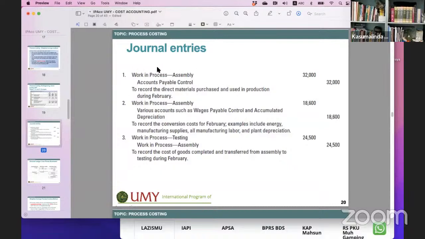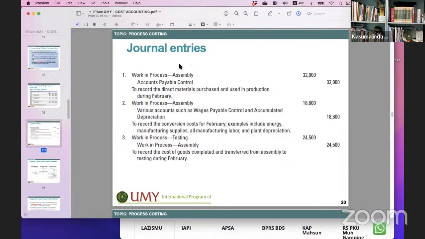Okay, because number 1 here, first when we involve all the manufacturing costs, the direct material, direct labor, and overhead costs, we will debit all the costs in the work in process inventory account in assembly department, and then credit the accounts payable control. Okay, so the cost will be accumulated in one account here. We call it work in process.